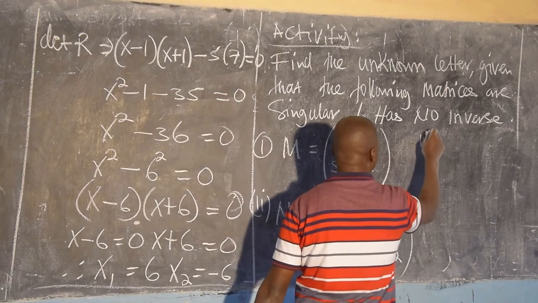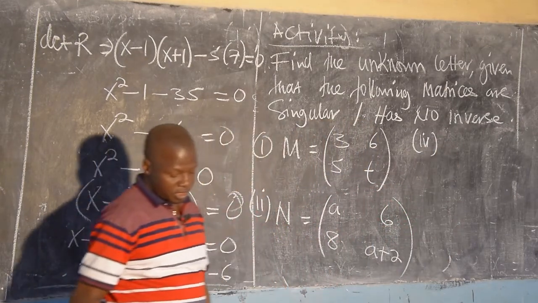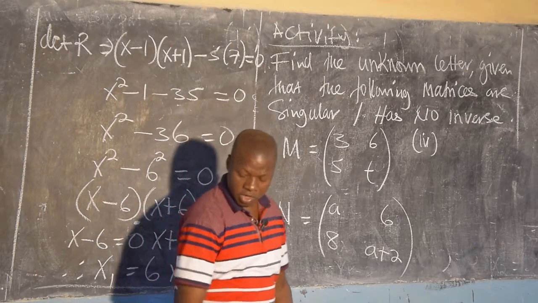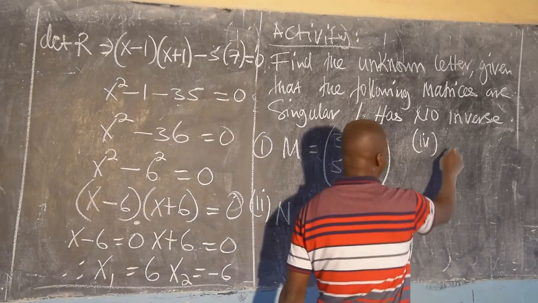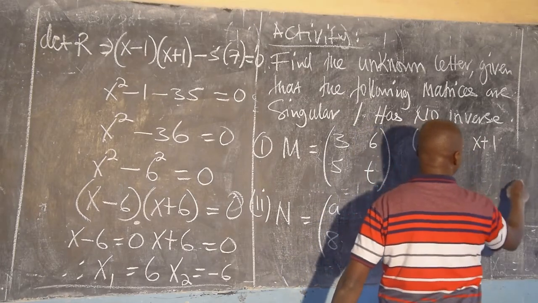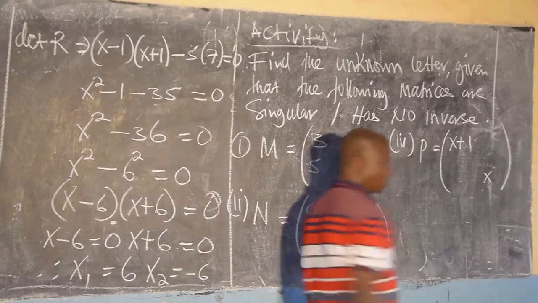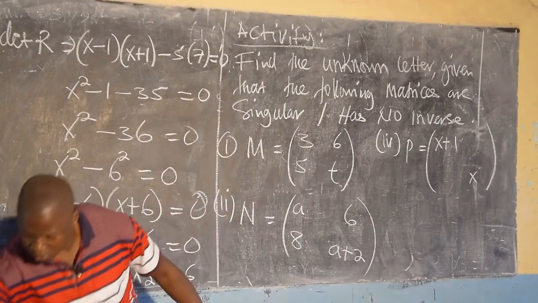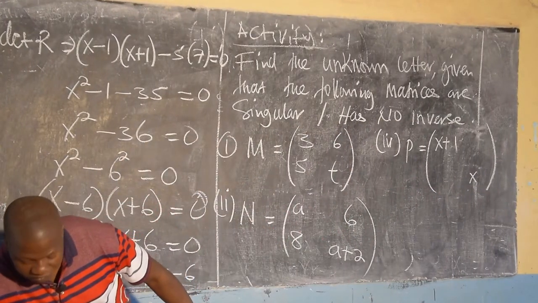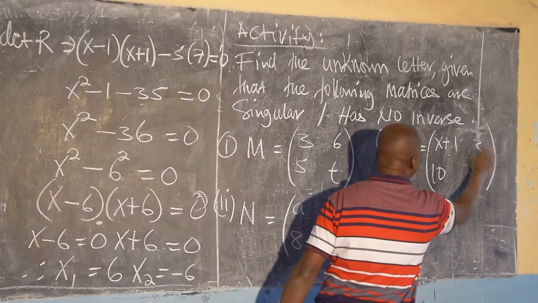Next, number 3: P equal to x plus 1, x, then 10, 3.